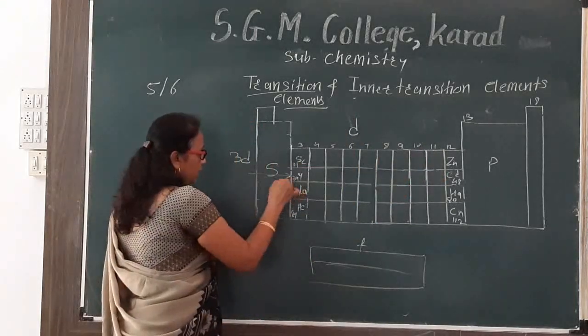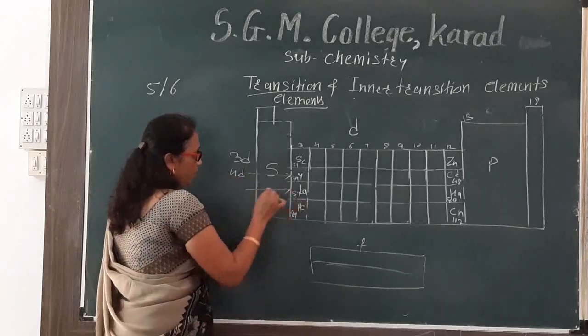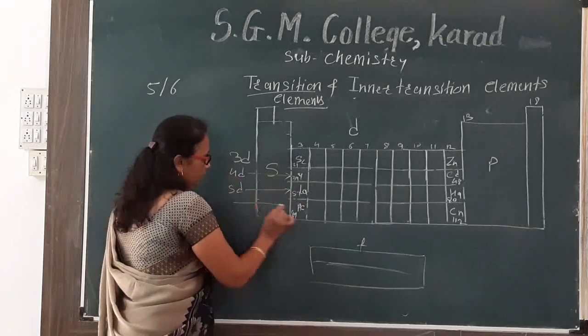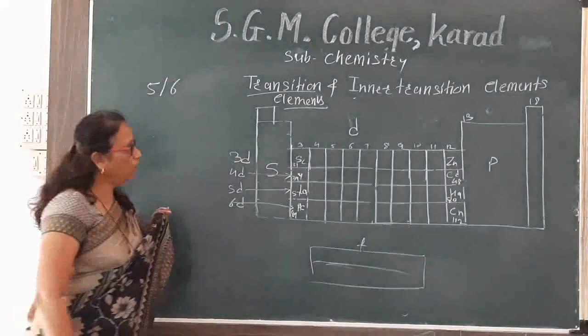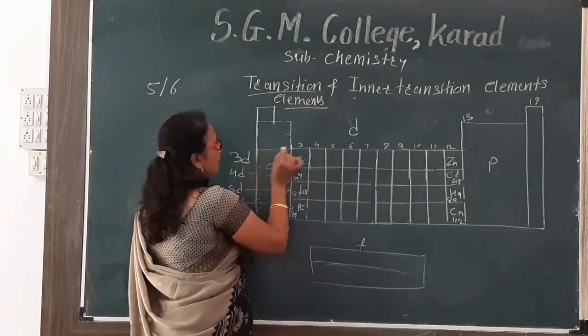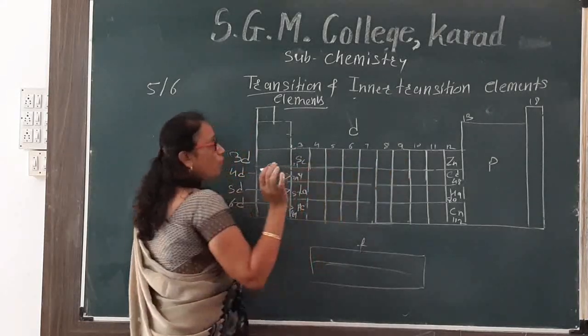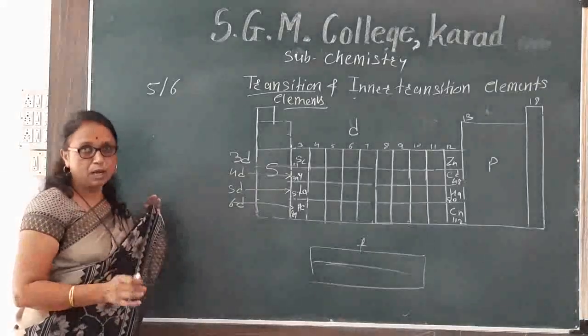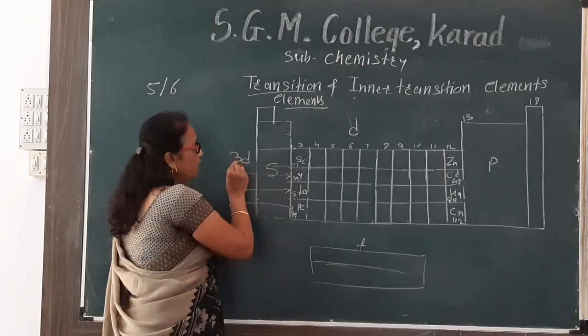The second series is called the 4d series, this is called the 5d series, and this is called the 6d series. The elements in this row have 4 outer shells, but the electron enters the third shell, that is the 3d shell.